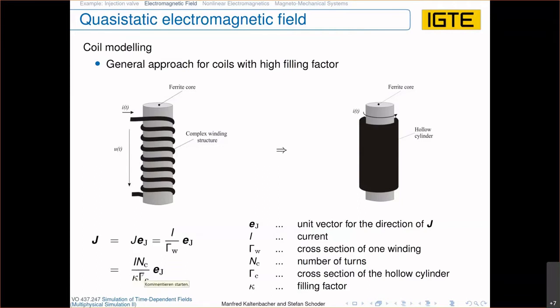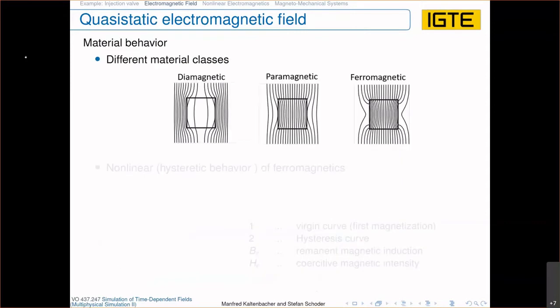So you see, especially for 3D modeling, this will reduce quite heavily the burden you have in the pre-processing to set up the geometry as well as the mesh. Now, concerning the material behavior, as you know, we have diamagnetic materials, paramagnetic materials, and ferromagnetic materials.